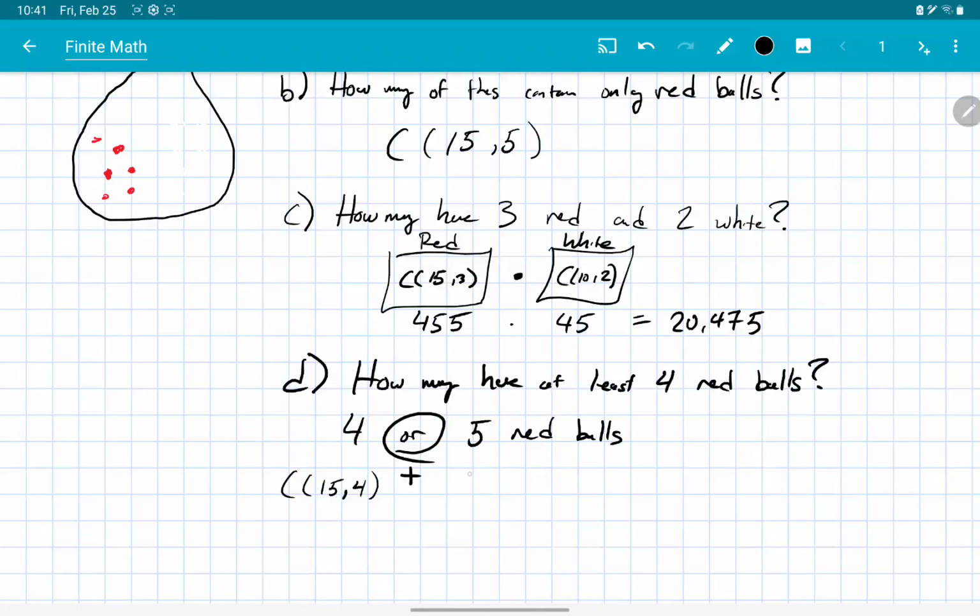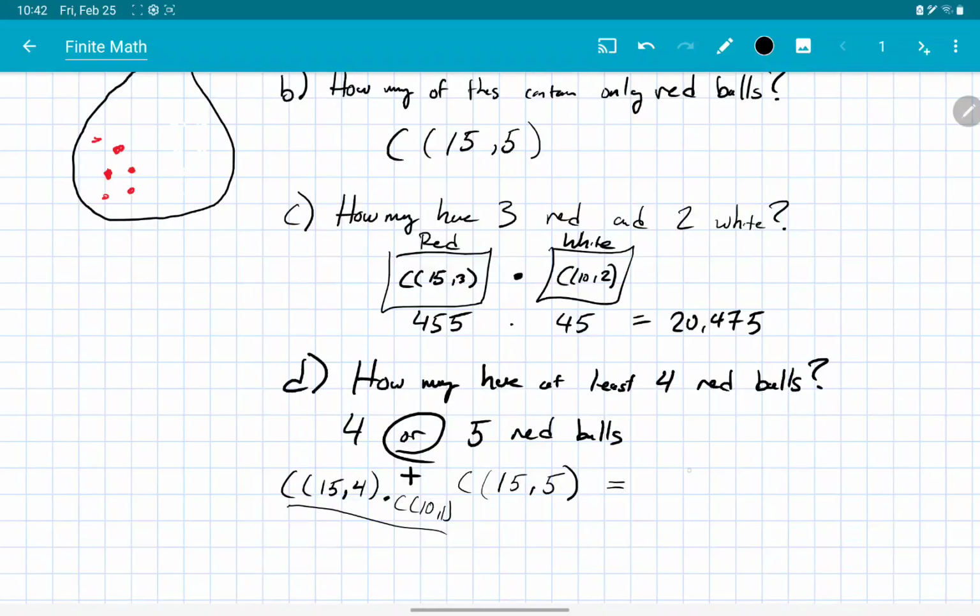And the 5 red balls would be 15 Oh, well, I'm not quite done because I need the white balls too, the different possible white balls. So the 4 red balls and 1 white ball will be combination of 15 and 4 times combination of 10 and 1. And the 5 red balls will just be a combination of 15 and 5.